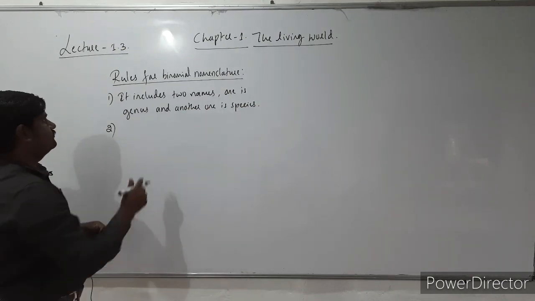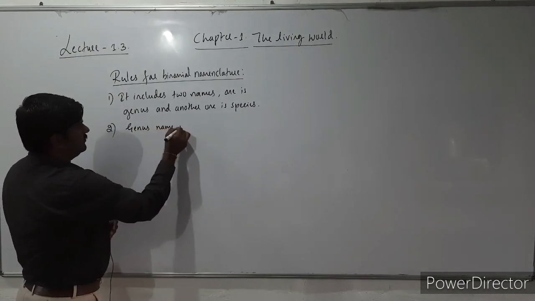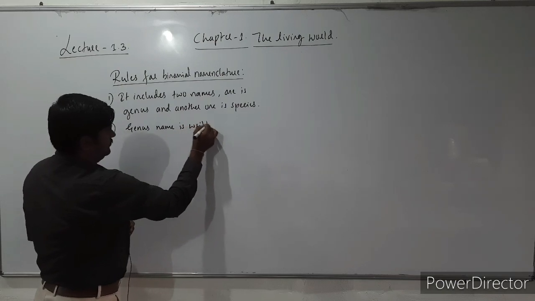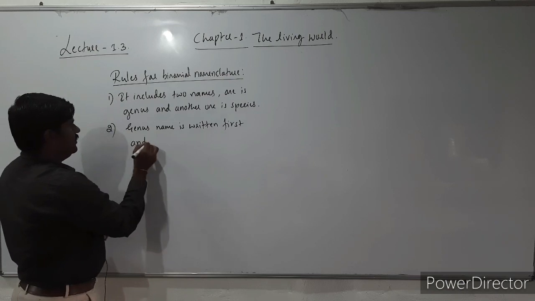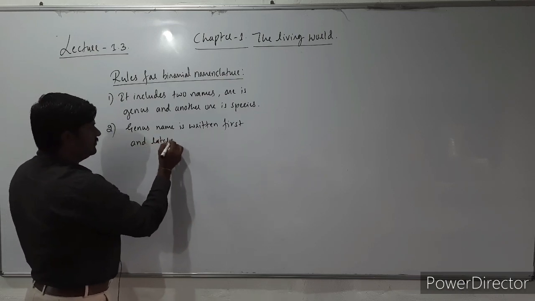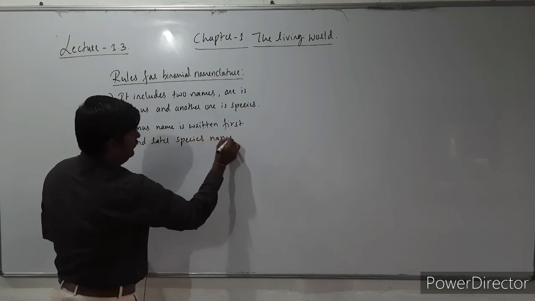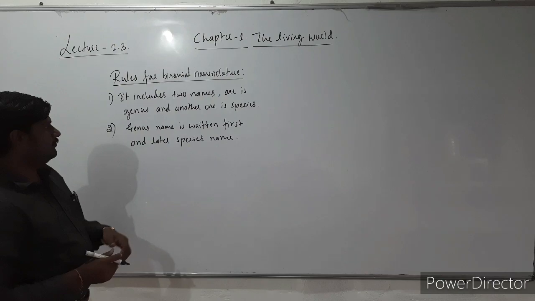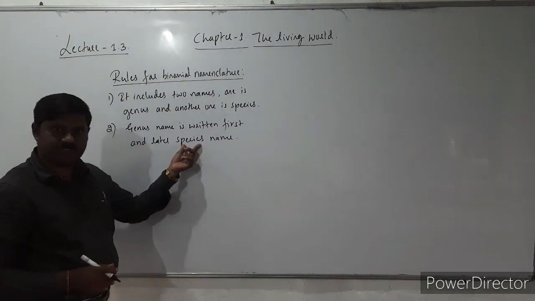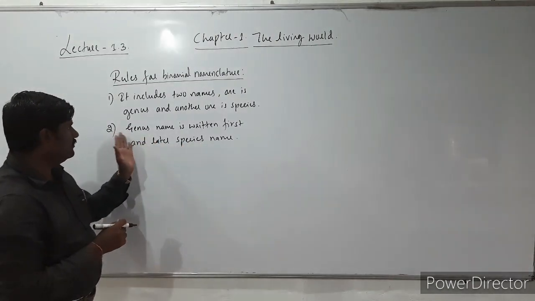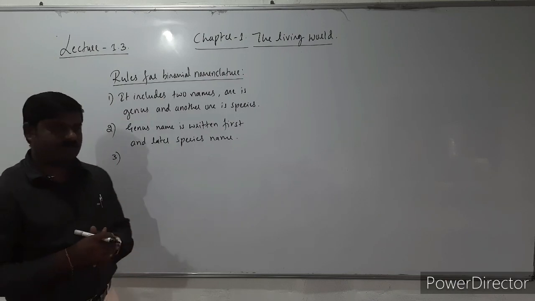Second rule, the genus name is written first and later the species name is written, right? Means first of all we have to write the genus name and afterwards the species name. So this is how we write the scientific name of one particular organism.